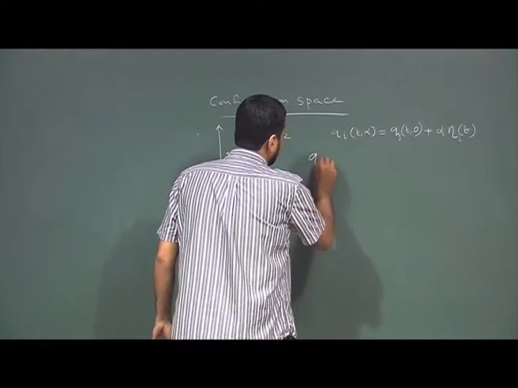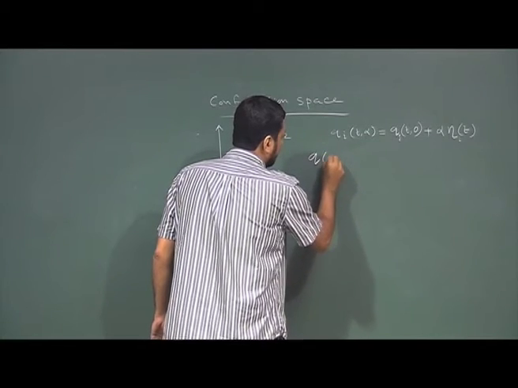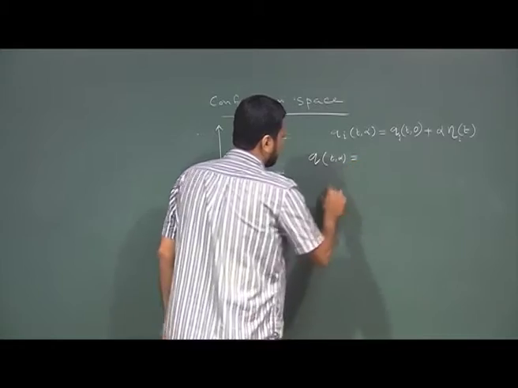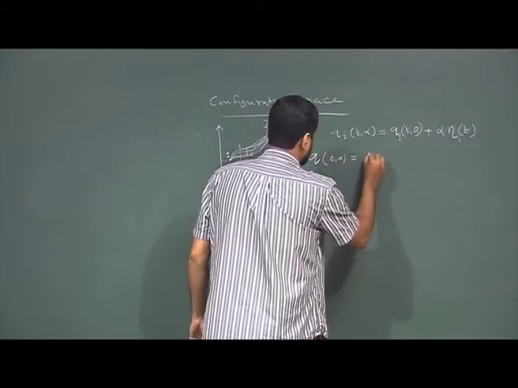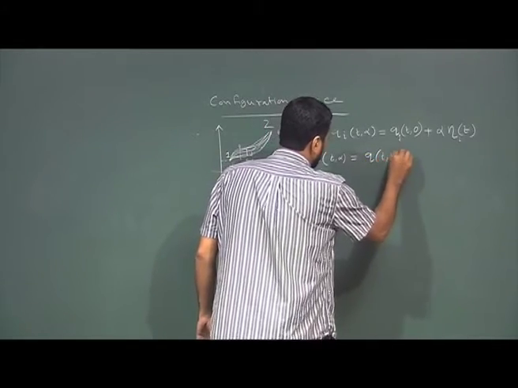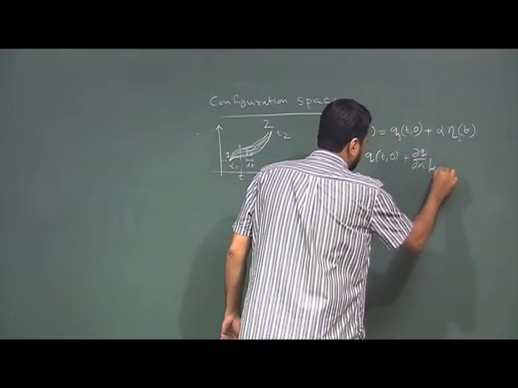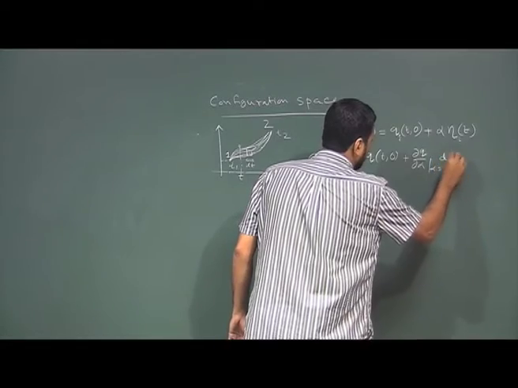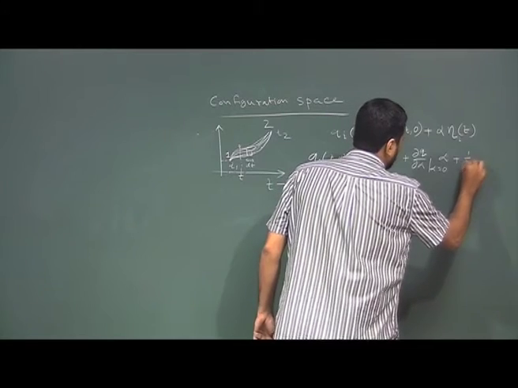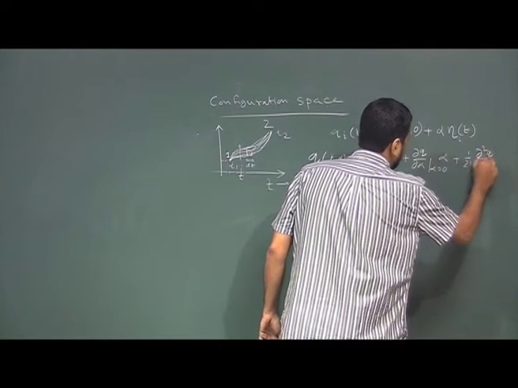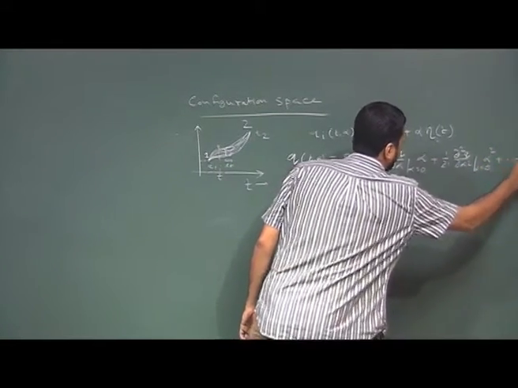So q(t, alpha), if I take a Taylor series expansion around alpha equal to 0, will be q(t, alpha = 0) plus del q by del alpha at alpha equal to 0 times alpha, plus 1 by 2 factorial del 2 q by del alpha squared at alpha equal to 0 times alpha squared, and terms like that.